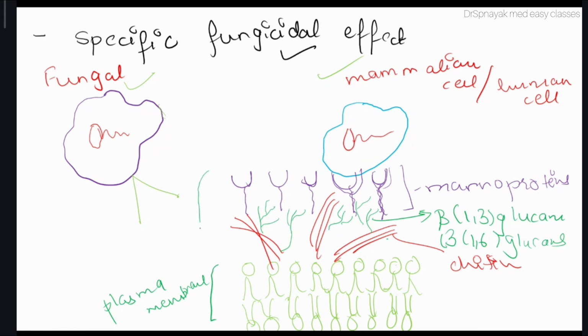Now, this entire structure provides mechanical strength and rigidity to the fungal cell wall. And also all these mannoproteins, beta 1,3 glucans and chitins protect the fungal cell wall from exogenous or hostile material present outside, from the hostile environment.